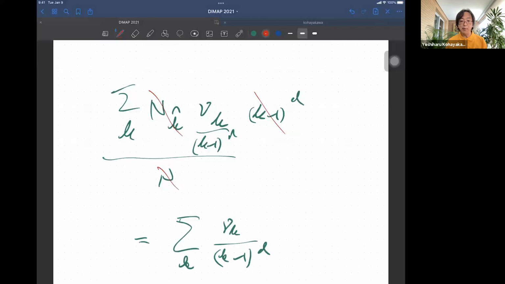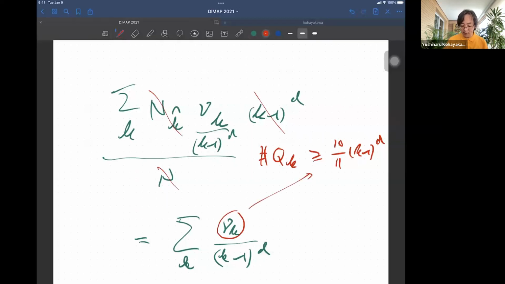Now, the lemma said that I can pack, so how many QKs can I pack? I can pack 10 over 11 K minus 1 to the D. This packing U has this property. So in other words, this number here is at least that much.